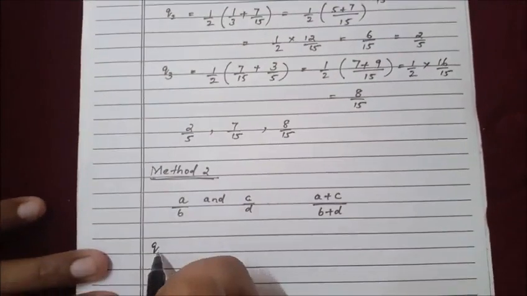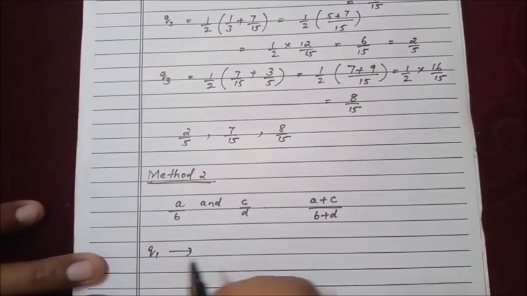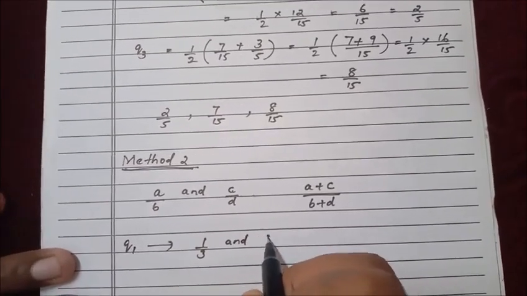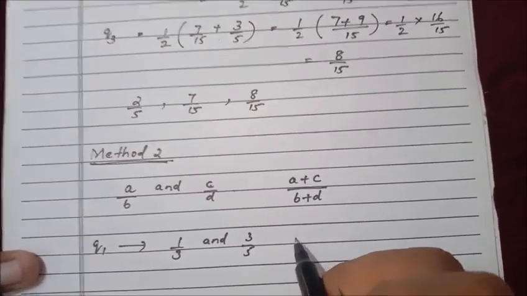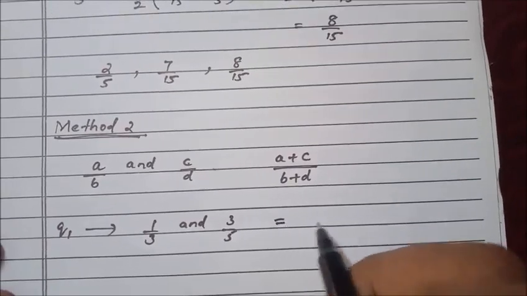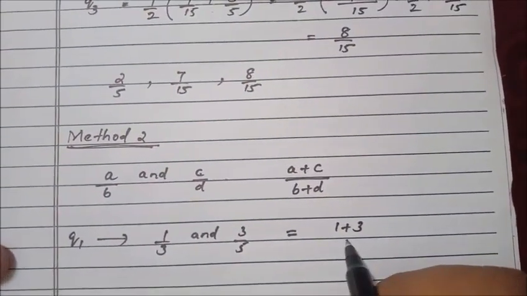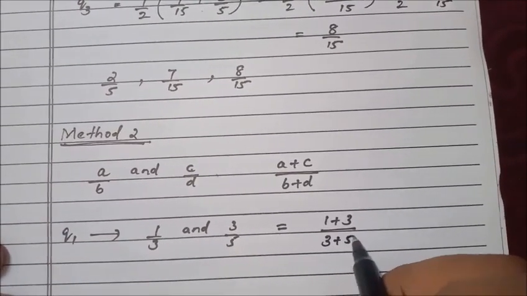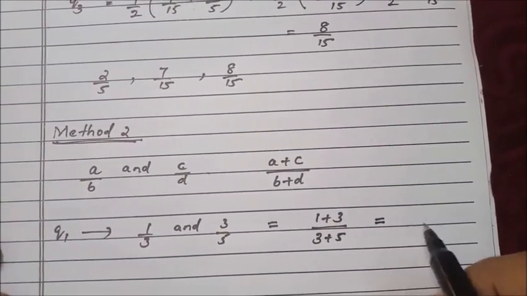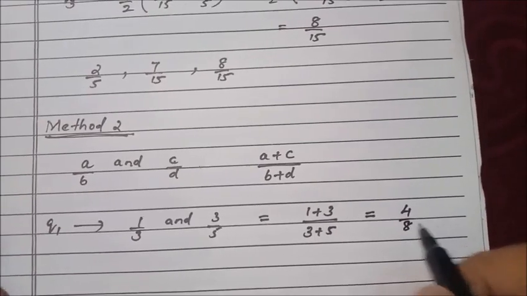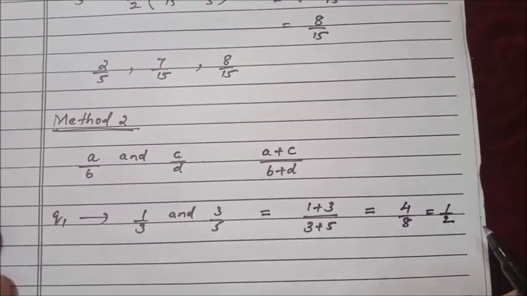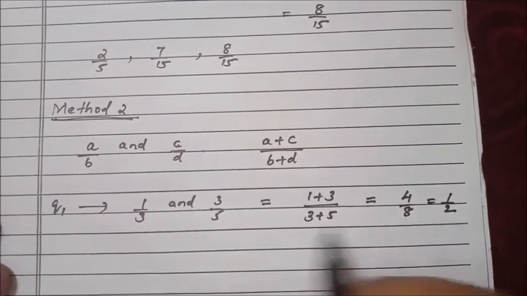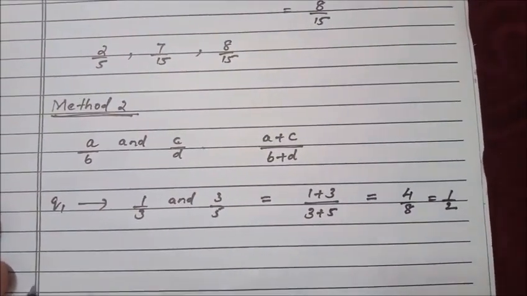So the first rational number Q1, which lies between 1 upon 3 and 3 upon 5, can be found by adding the numerators 1 and 3 and then the denominators 3 and 5 separately to get 4 upon 8, which is equal to 1 upon 2. So 1 upon 2 is one rational number between 1 upon 3 and 3 upon 5.